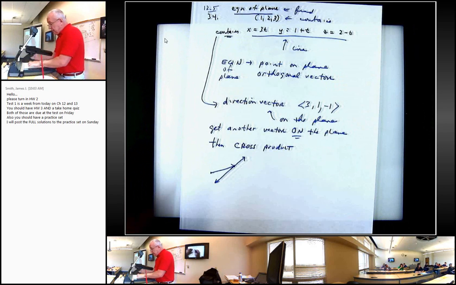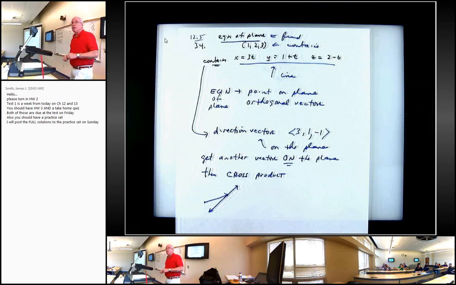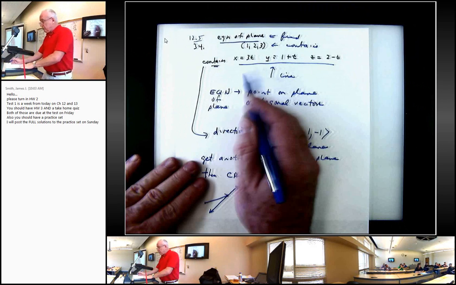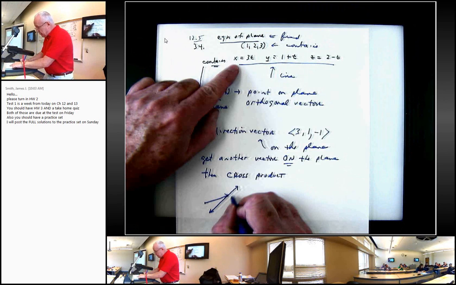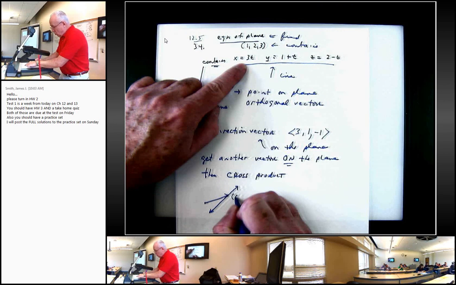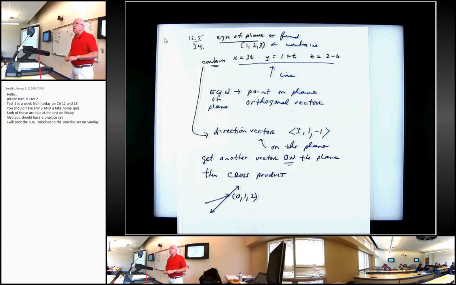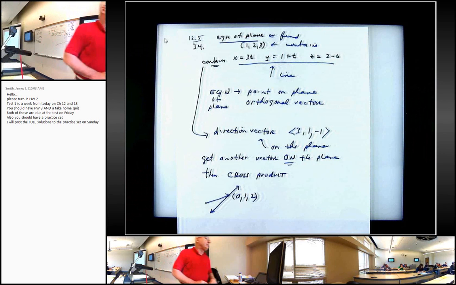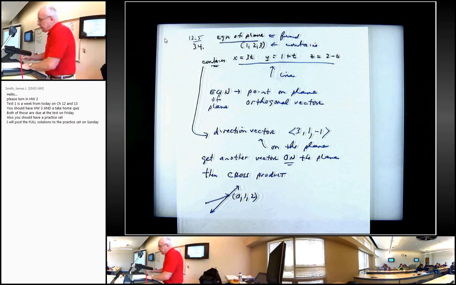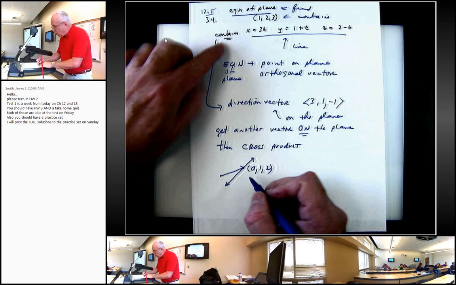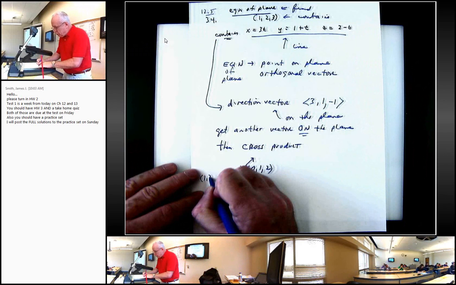So what's the easiest value of t to work with here? Let's work with 0. So this point, 0, 1, and 2, is on that line, which is on the plane. Now this other point that we're told is on the plane is 1, 2, and 3.